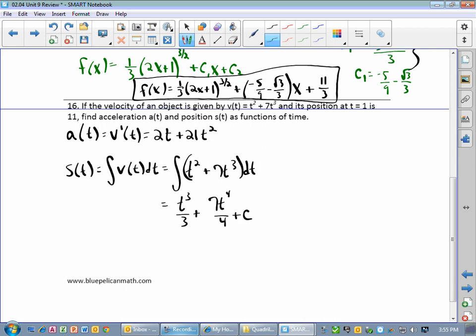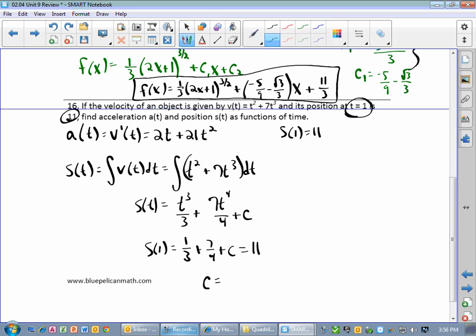Now we're given an initial condition. We're told t is 1, position is 11. So that means s of 1 equals 11. So notice this is still s of t. So s of 1 is 1/3 plus 7/4 plus c, and is equal to 11.